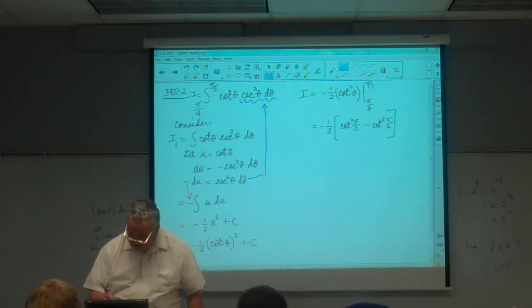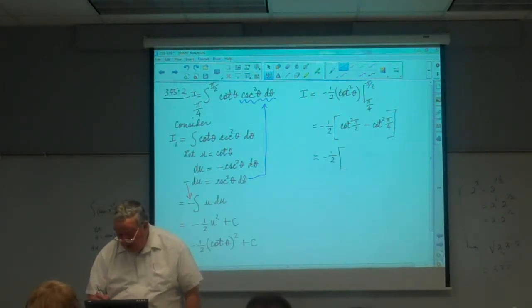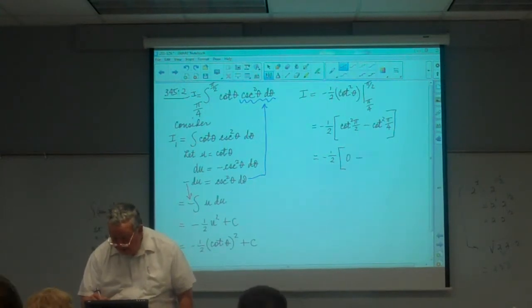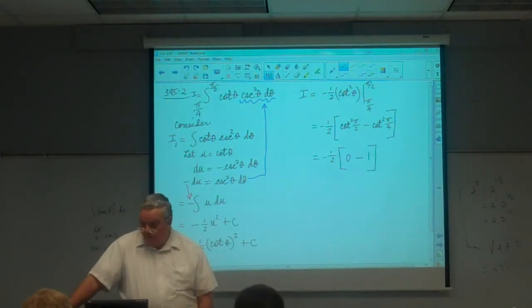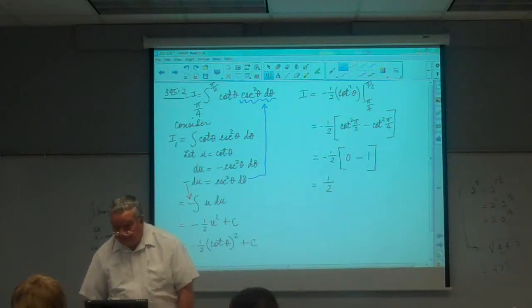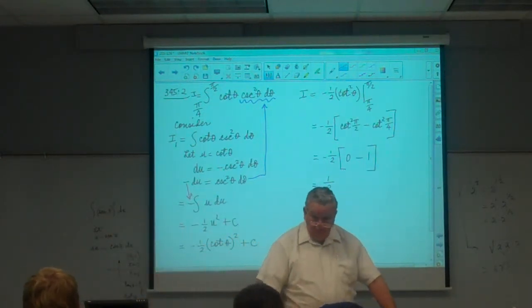So I know that this is equal to minus 1/2 times 0 minus 1. Cotangent of pi over 4 is 1, 1 squared is 1, right? Pretty slick, huh?